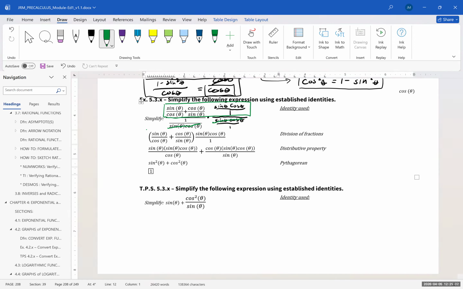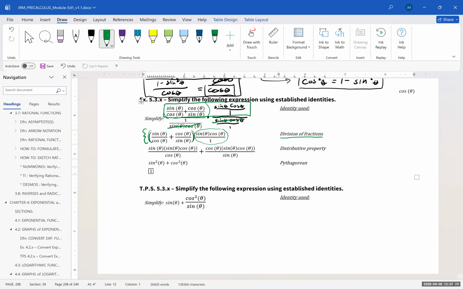Okay. And that's what you see here in this step, right? You have this original numerator here being multiplied by that reciprocal of the denominator there. Okay. And the identity I used was division of fractions. So that was the justification to go from that initial step to this first step.